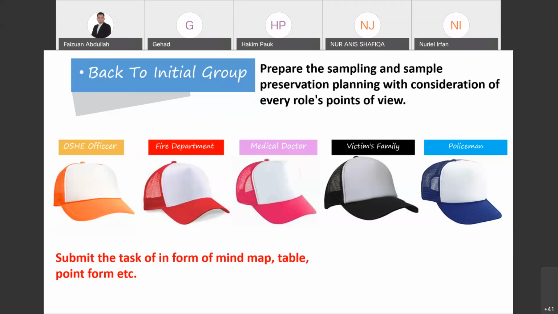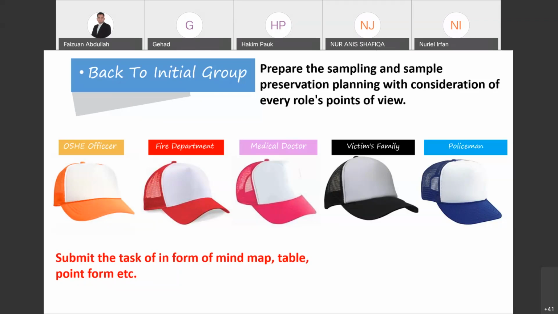After you have assigned every role in the group, please, for every role, discuss among the similar roles. Medical doctors from every group discuss among the medical doctors, as well as the fire department officer, OSH officer, victim family, and policeman. Then lastly, come back to your original group and come out with the planning.